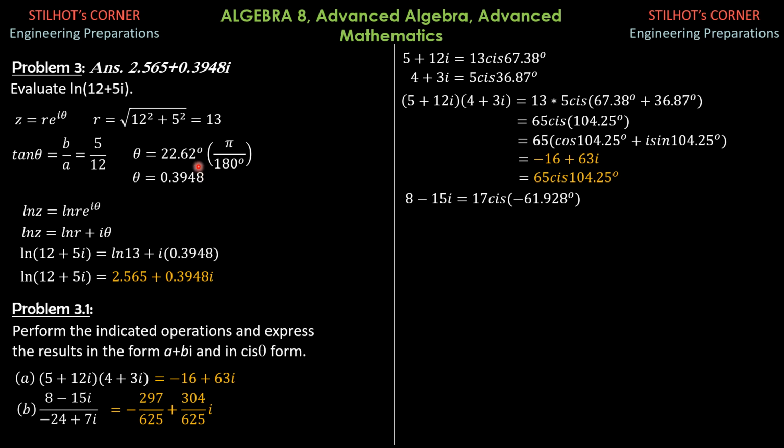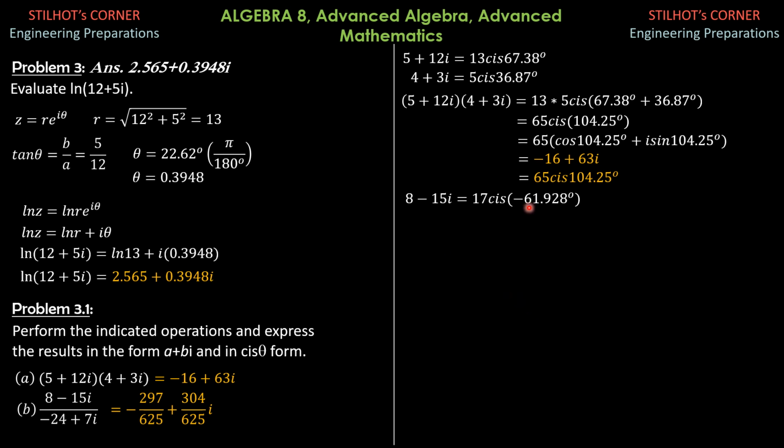There are cases where the angle is in the second quadrant, but your calculator cannot detect that. It will give us an angle which is negative, so it should be measured in clockwise direction. And the angle is negative 61.928 degrees. It is in the fourth quadrant.